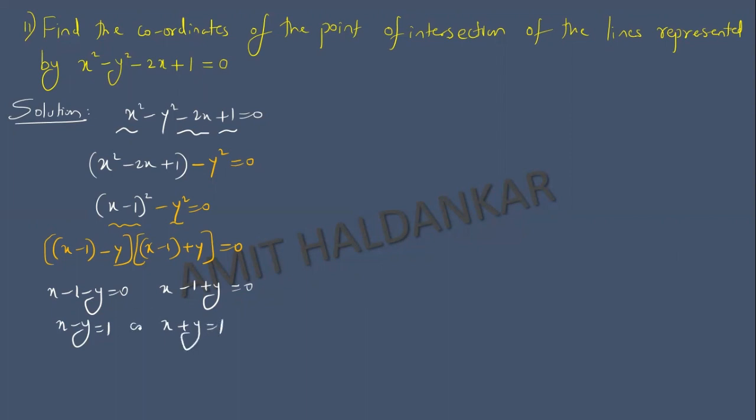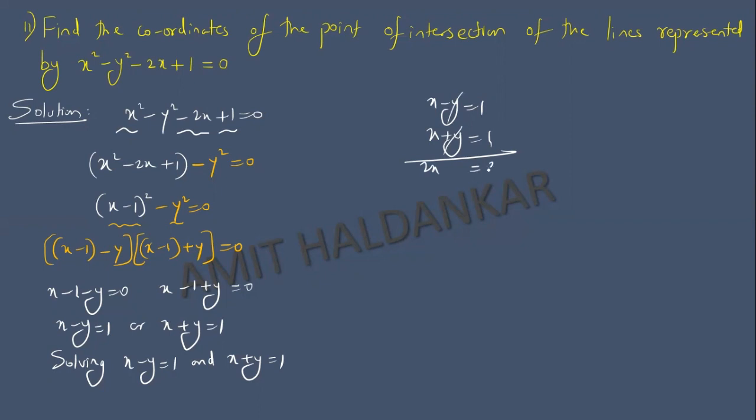So there are two equations over here, and when you solve these two equations, x minus y is equal to 1 and x plus y is equal to 1, we can add them. Then we'll get 2x is equal to 2, x is equal to 1. If I substitute it over here, I'll get 1 plus y is equal to 1 and y is equal to 0.